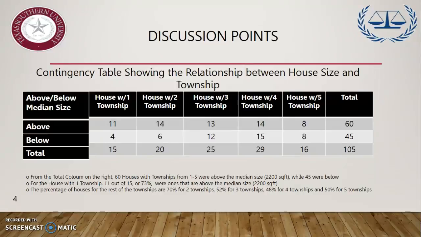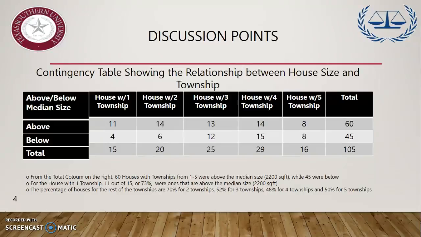There were a total of 105 different houses in my data set from the real estate data. Those numbers add up, whether you total the columns or the rows, and they both add up to 105. There were 105 different pieces of raw data given in the real estate data.